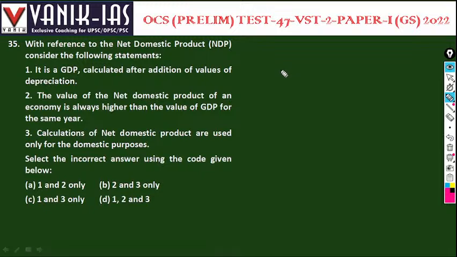NDP is equal to GDP minus depreciation. So it's not addition, it is subtraction.